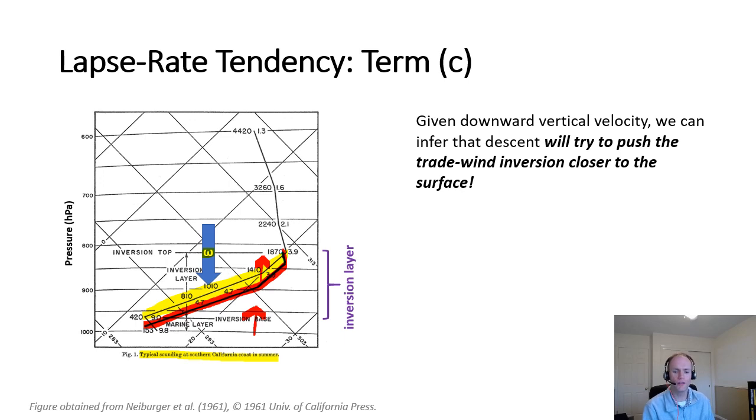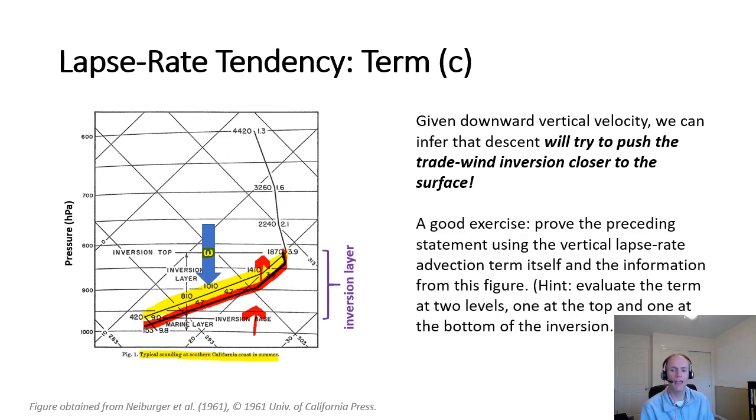If you really want to test your knowledge, a good way would be to take this information and the vertical lapse rate advection term itself from the mathematical formulation that we have on the previous figure, that we have earlier in this video and in the previous video, and actually prove this, not just this analytical evaluation that I've done here at left, but the actual mathematical evaluation. There's a key hint that you have here.